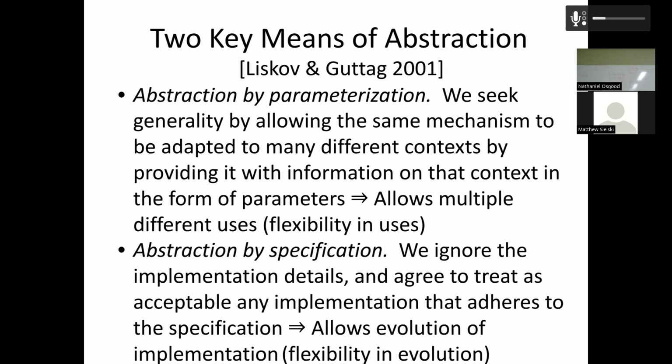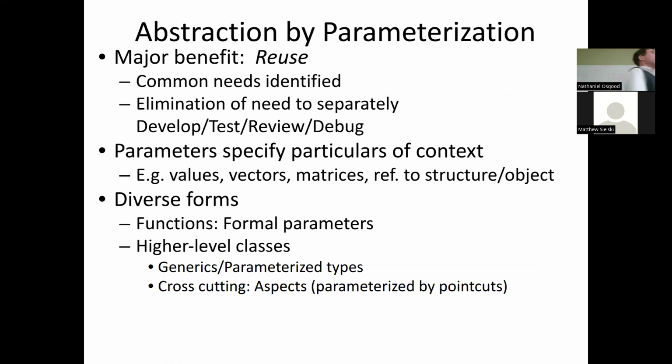No, instead what we're doing is providing a specification. And by doing that, we allow the implementation to evolve as long as it adheres to the specification. Do you remember that general idea? As long as the implementation adheres to the specification, anyone who uses this abstraction, their code should still work because they're only counting on the features of the interface.